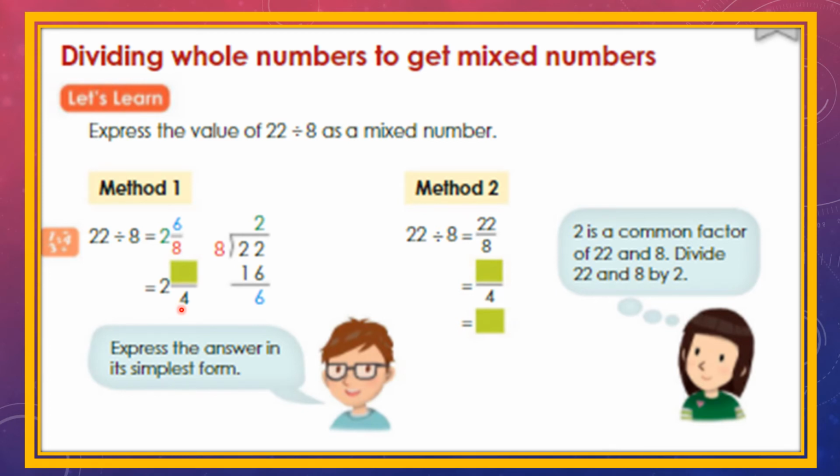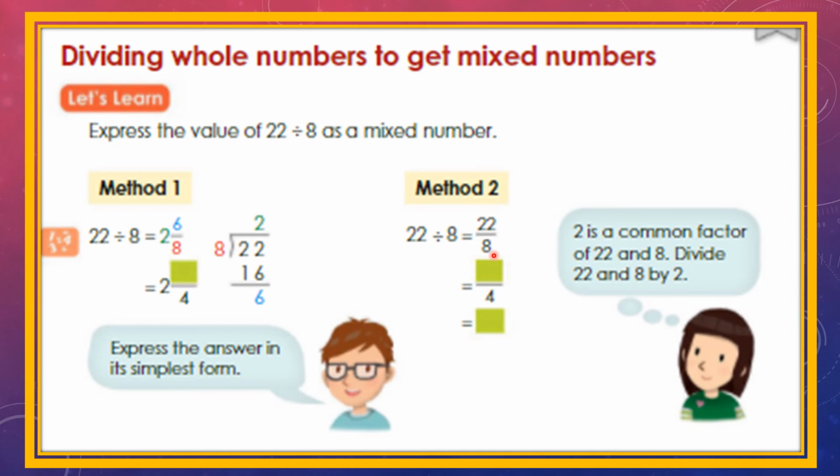So don't forget that. In method 2, we need to divide 22 by 8. So what we'll do here is write 22 over 8. So we can find the simplest form. 2 is a common factor of 22 and 8. So 22 divided by 2 equals 11, okay?